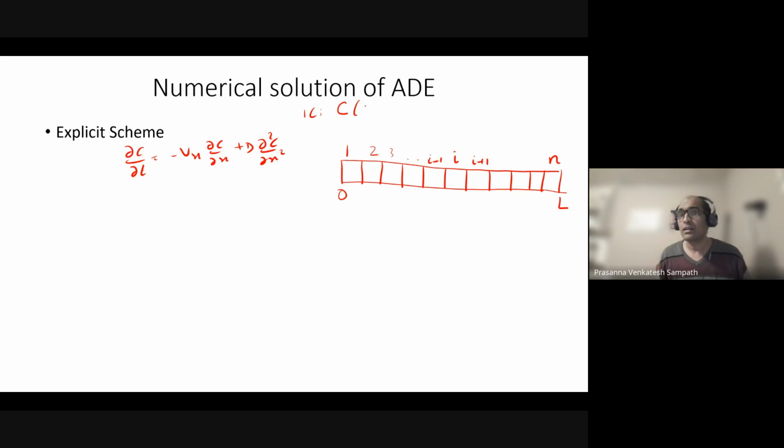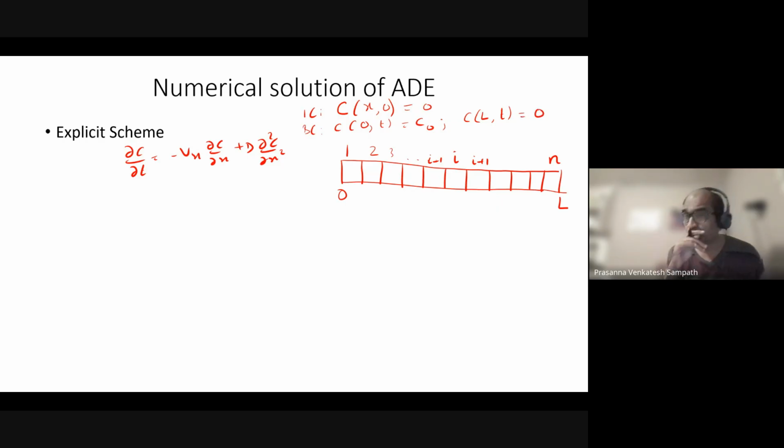C for all x at time t equal to 0 is equal to 0. And the boundary condition: C at x equal to 0 for all time t is some value C naught. This is the first boundary condition. And C at infinity, now in this case, I don't have infinity, I only have L, so C at L comma t equal to 0.